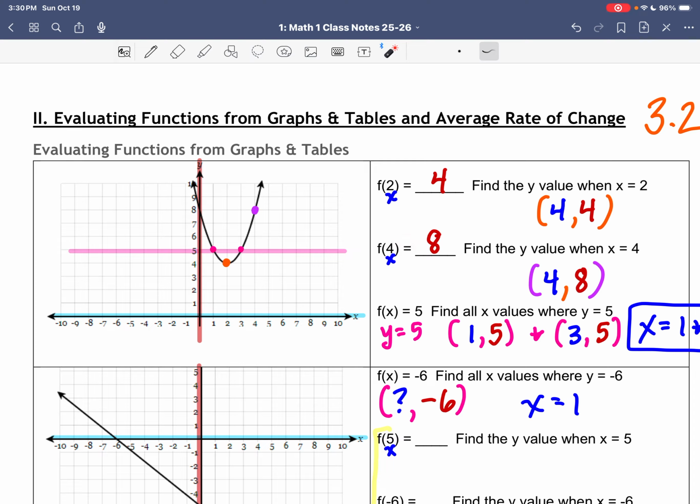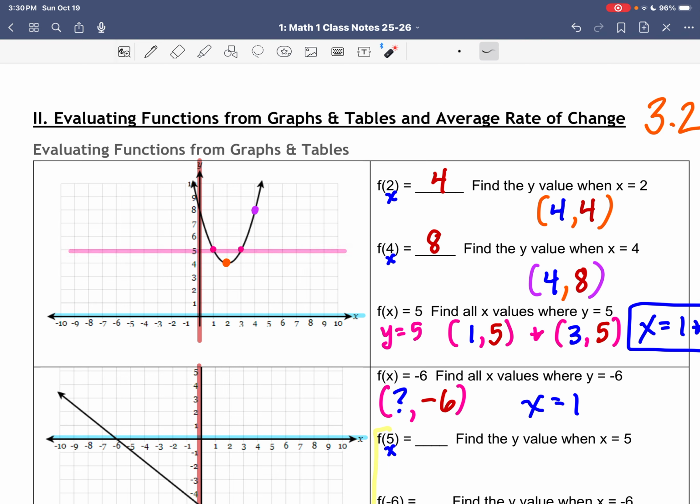All right, now for this one, it says f of x equals 5. So remember, when we see f of x, that's really like your y value. So we're saying when y equals 5, what are the x values? So now we're going to go up and look at y equals 5.